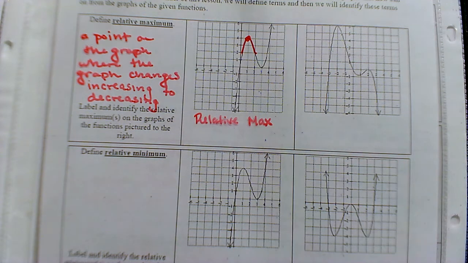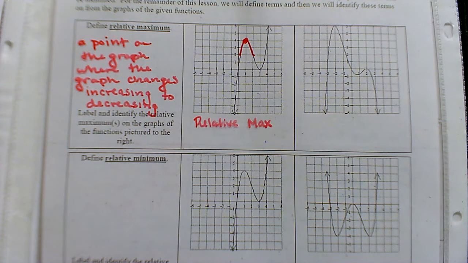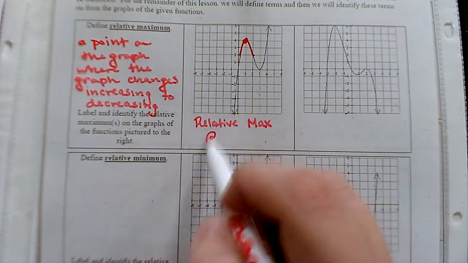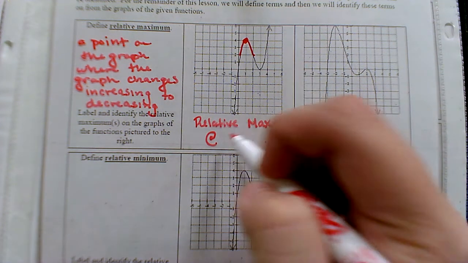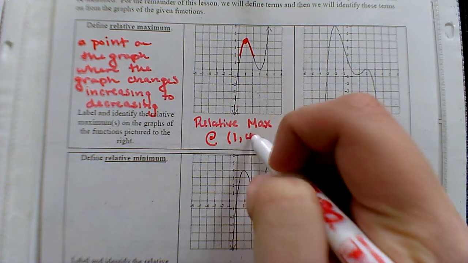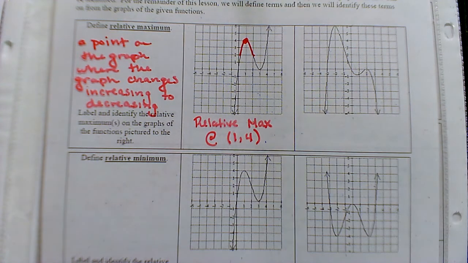Where does that relative max happen? Can you describe its location? Yeah. 1, 4. Okay, we'll give the ordered pair. Looks good.